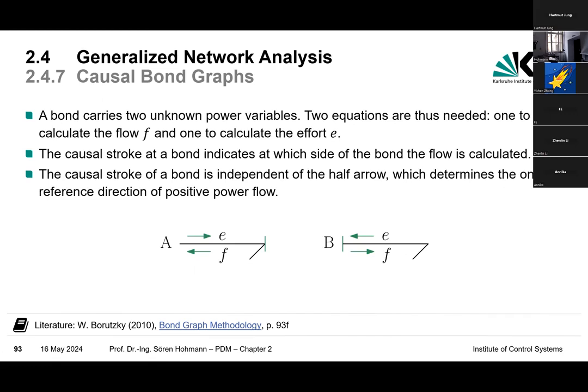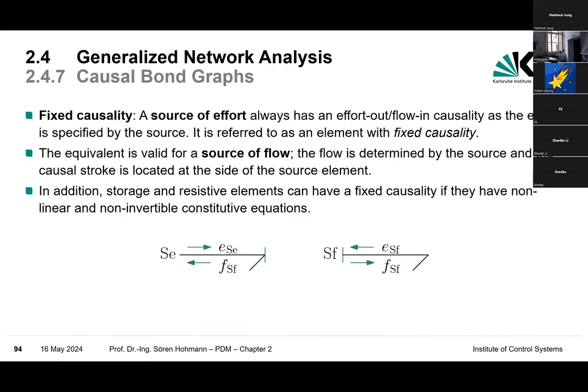This is in contrast to the arrow of the bond, which just defines the positive calculation of the power. So be careful. With that, we find some elements with fixed causality. The source of effort always has effort out and flow in causality. Therefore, the causal strokes are here. Effort is defined, flow is given as input variable, so to say. And if you have a source of flow, it's opposite.